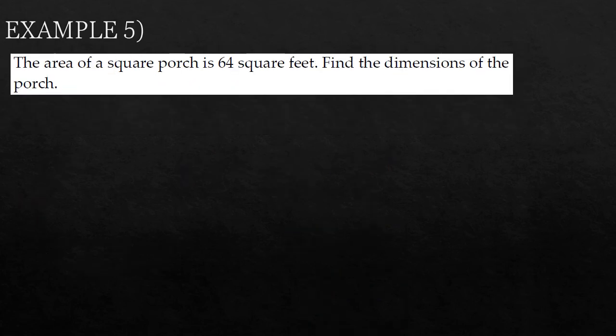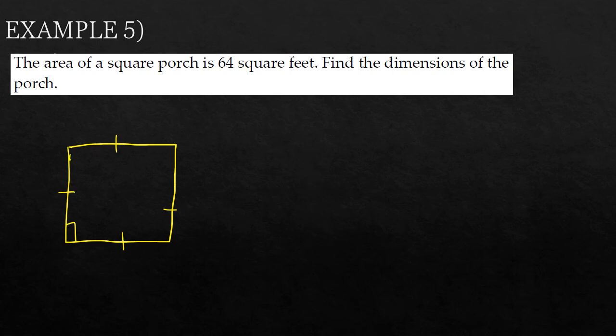All right, here, the area of a square porch is 64 square feet. Find the dimensions of the square porch. Remember, what makes a square square is that all sides are congruent. There you go, so you know that's a square. And I know that the area of a square, if I have x, is area equals x squared.